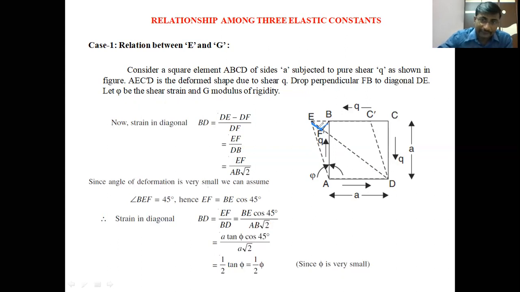So the change in length of the diagonal is DE, the final length, minus the initial length. Initial length is DB. DE minus DB, divided by... sorry, this is wrong.